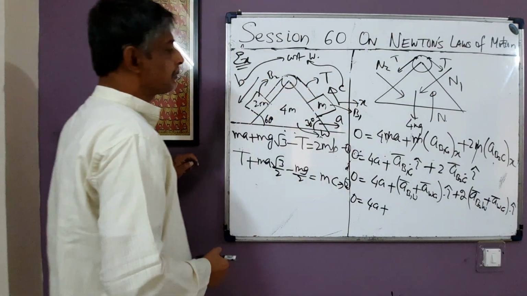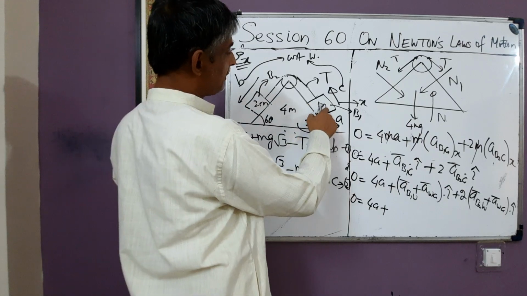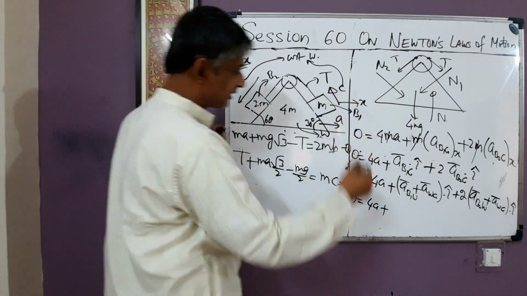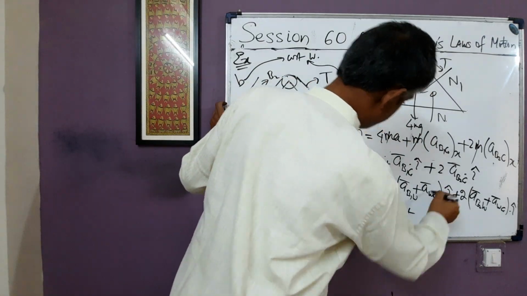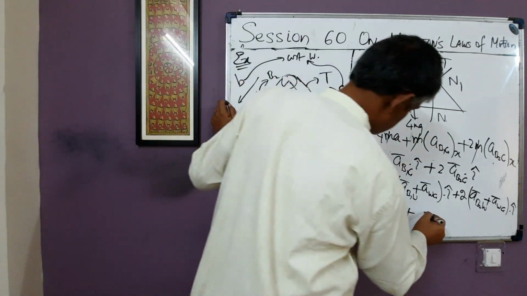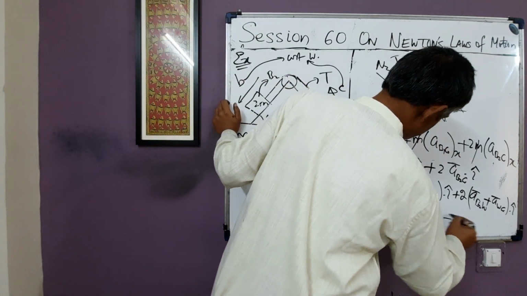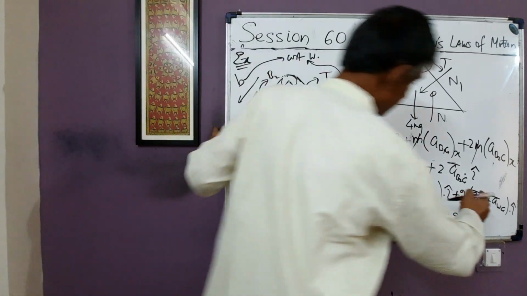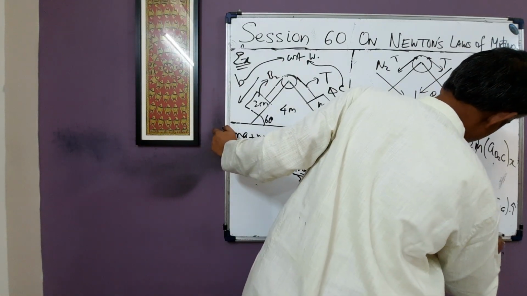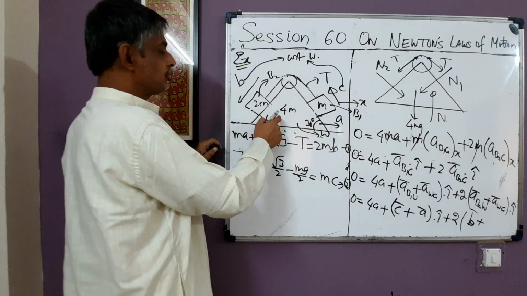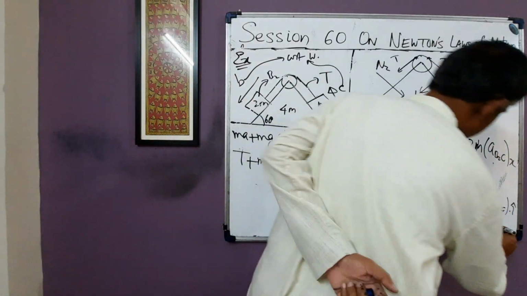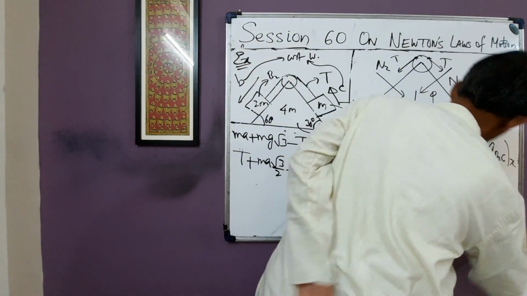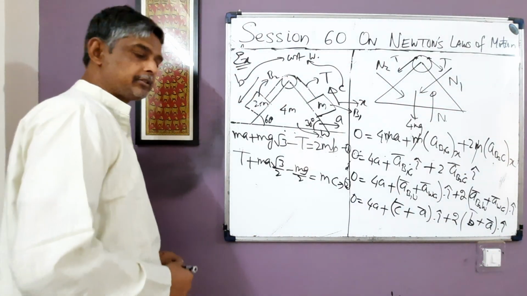Now what is a b1w? Acceleration of block B1 with respect to wedge, which is simply nothing but vector C. a wg is nothing but vector A, dot i hat. What about a b2w? a b2w is nothing but vector B, acceleration of block B2 with respect to wedge, which is vector B. Thus a wg is nothing but vector A, dot i hat. Alright, fine.